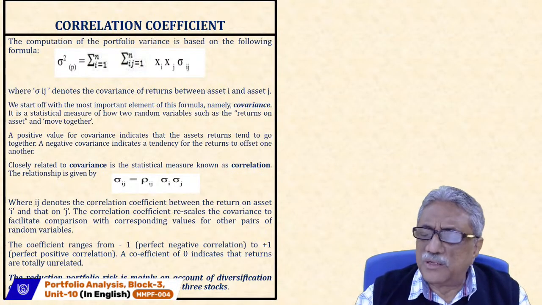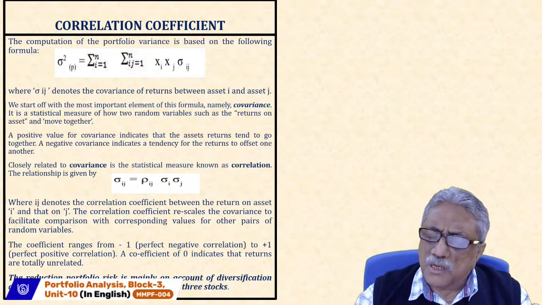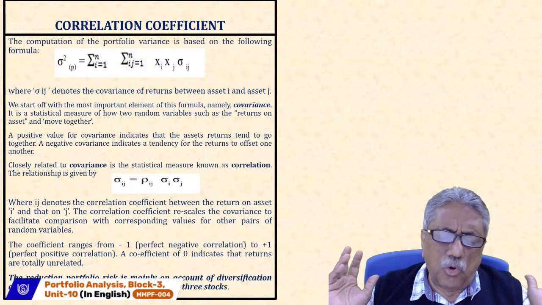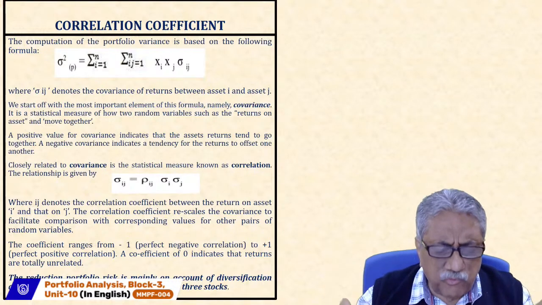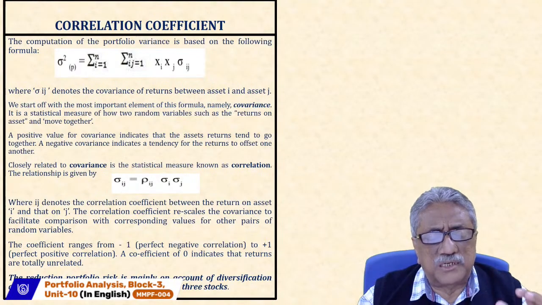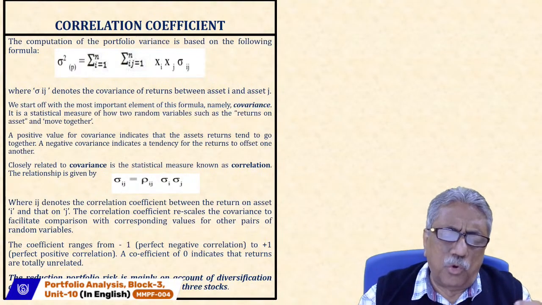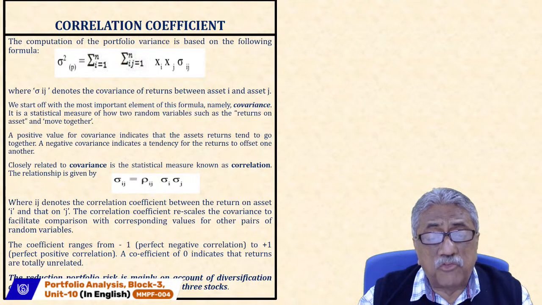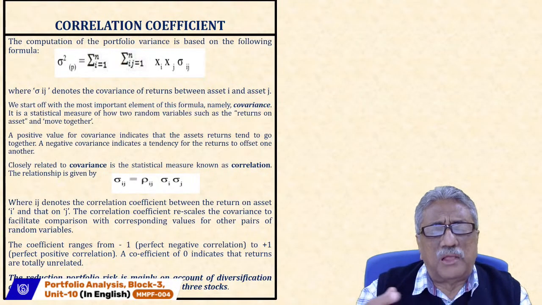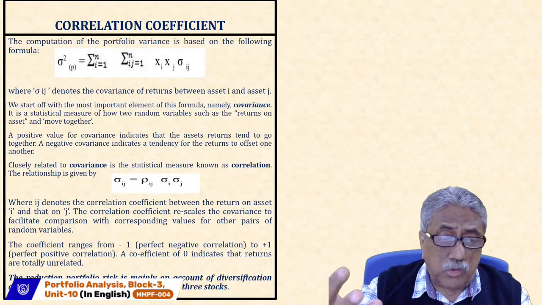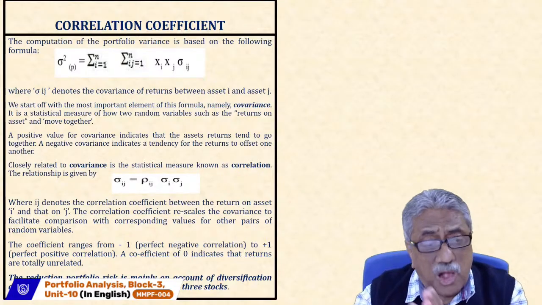In between is zero, where there is no relationship, that means the index may go high, I may go low, or anything. I do not move. But if it's a negative correlation, then the index will go high, I will go low. If it's a positive correlation, the index goes high, I also go high. I can go higher than the index also, or lower than the index, but I go high.